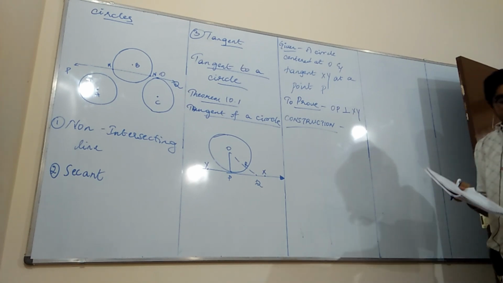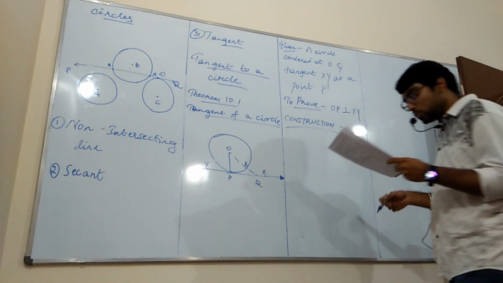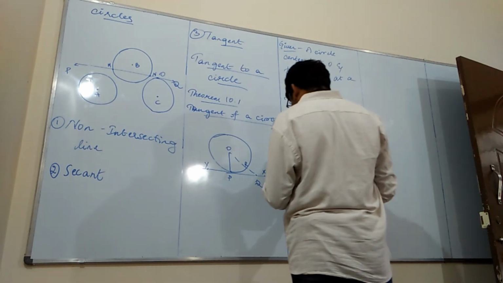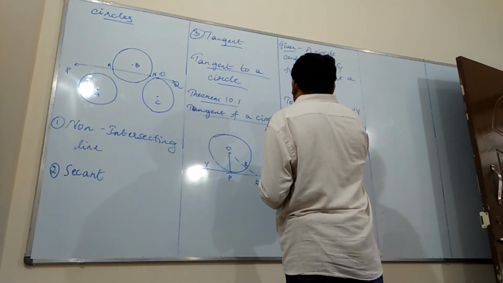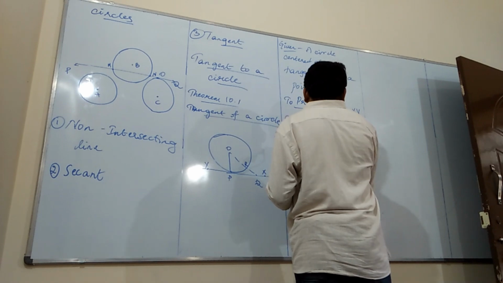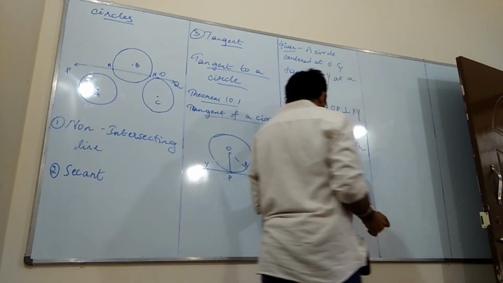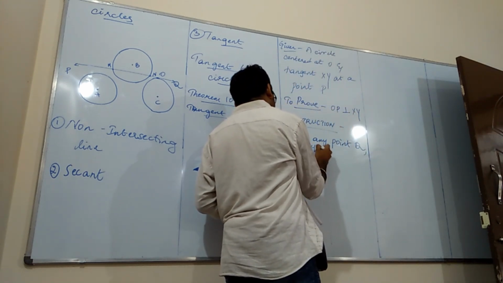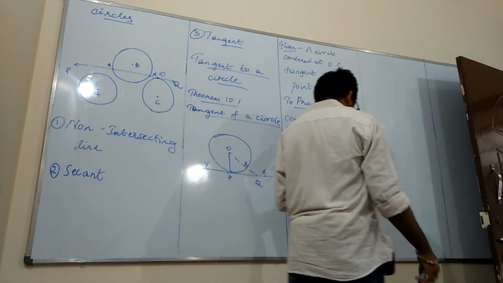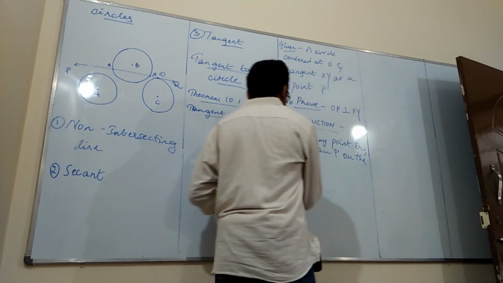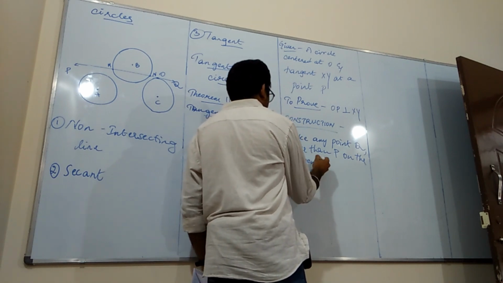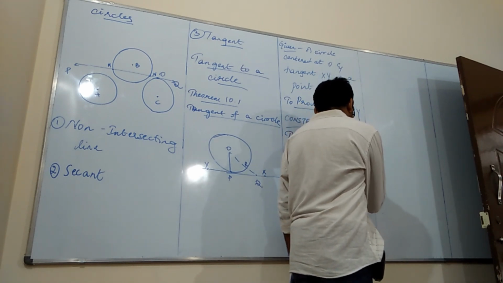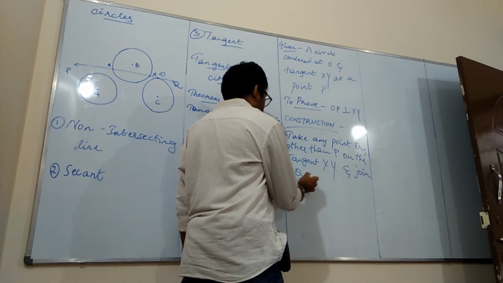Correction of the figure: take any point Q other than P on the tangent XY, and join OQ.